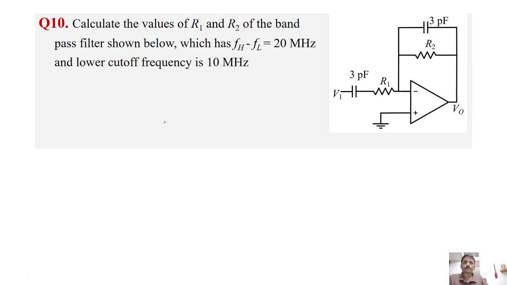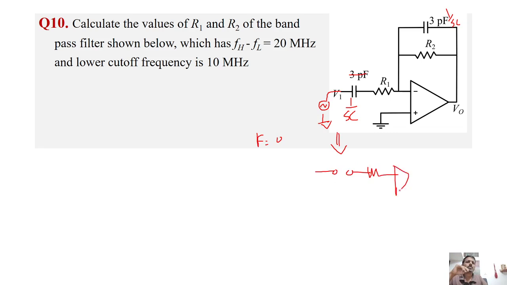Say I have connected one signal source here, and let us write this as 1 by SC, and this is 1 by SC. Suppose the input signal frequency is f equal to 0. So what happens is the circuit will be open, right?